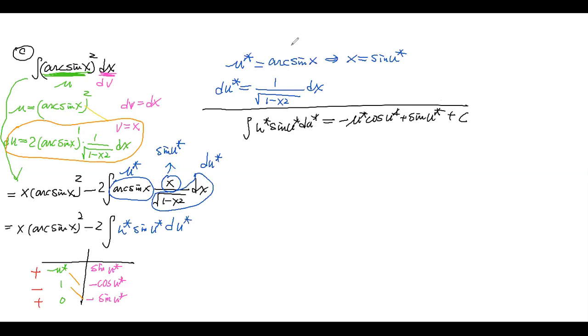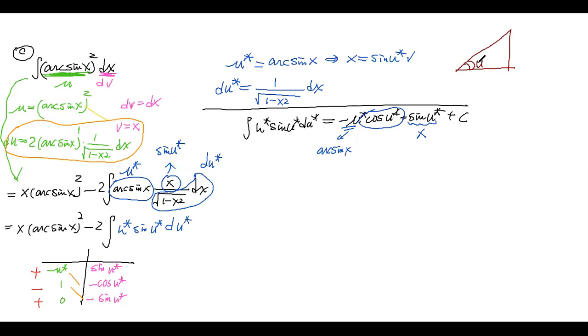Okay, now we need to substitute back to the x here. You see here, sine u star, hey, good job, I have x here. What is u star? Hey, I have cosine u star. Well, I have the sine u star, so how do I find the cosine u star? In here, you take a look at the triangle, right?